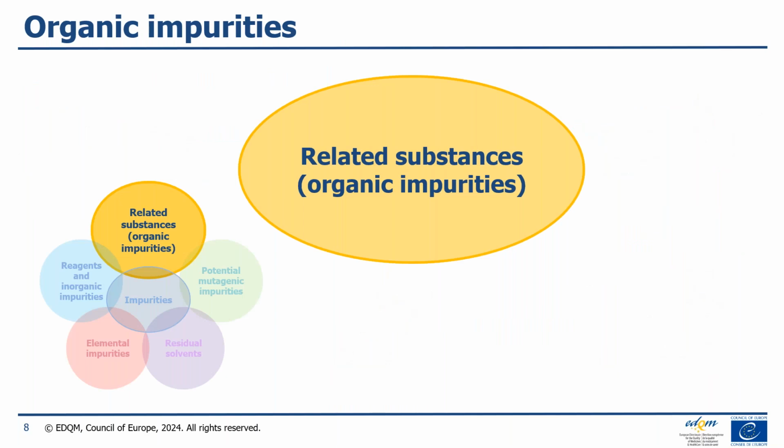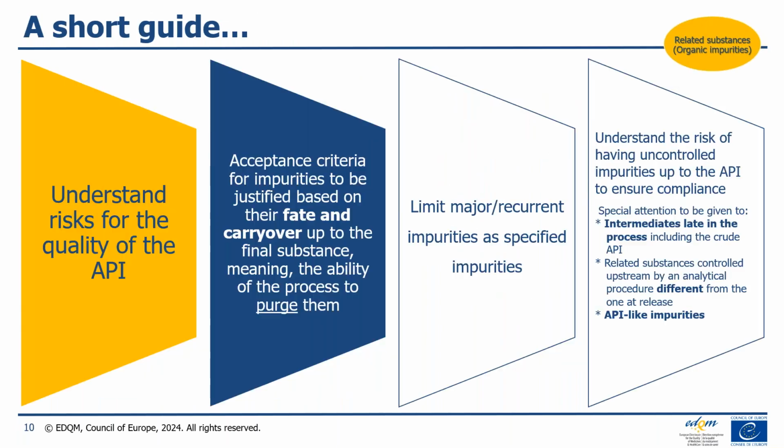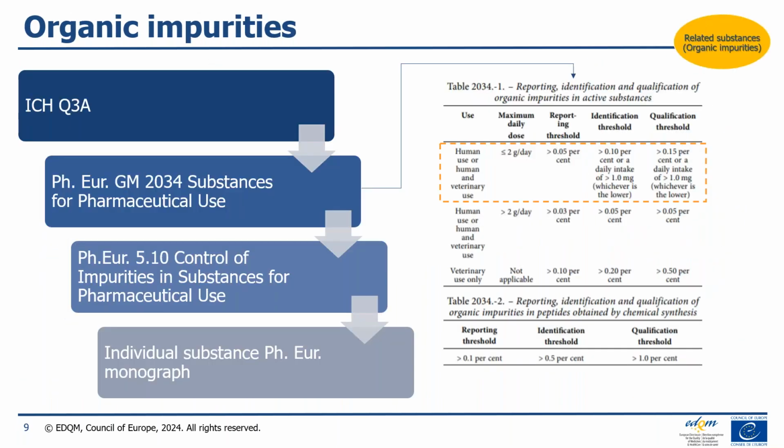We will start to discuss related substances. The key guidance is ICH Q3A, complemented by the general monograph 2034 on substances for pharmaceutical use, where the reporting, identification, and qualification thresholds are linked to the maximum daily dose of the API that you are considering.